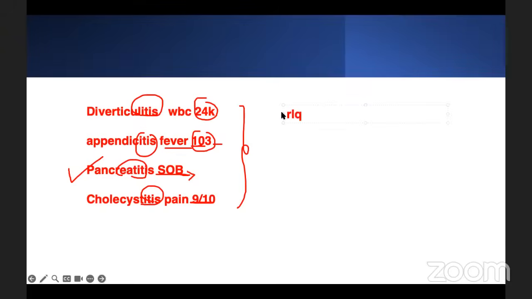So you have right lower quadrant pain, appendicitis. Right lower quadrant, I tell you, umbilical, then migrate to right lower quadrant, then suddenly no pain.